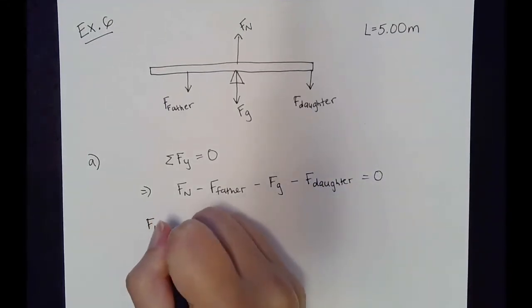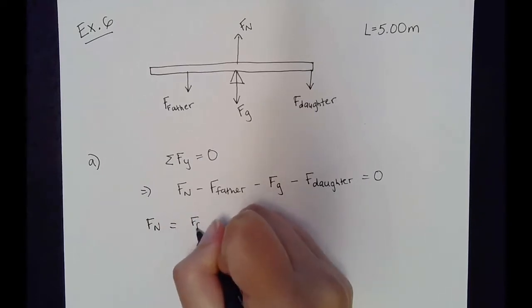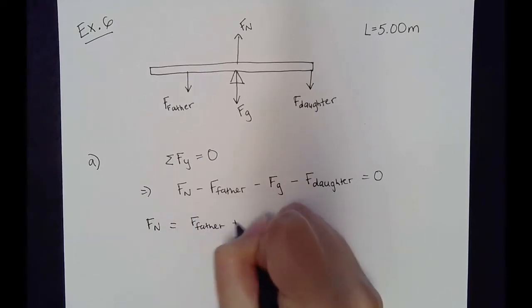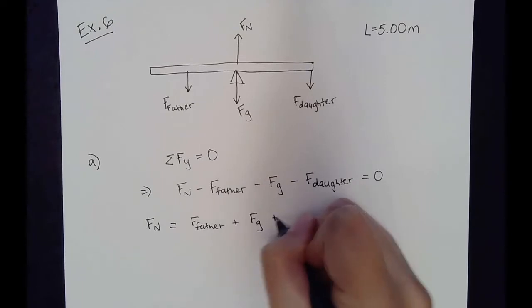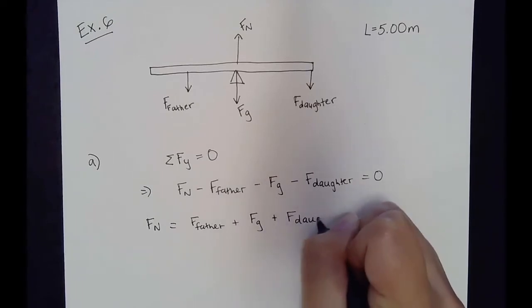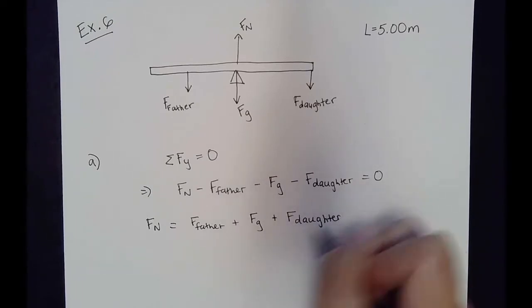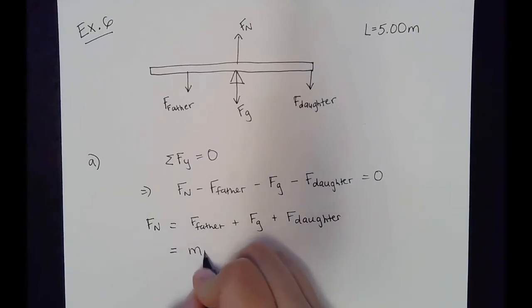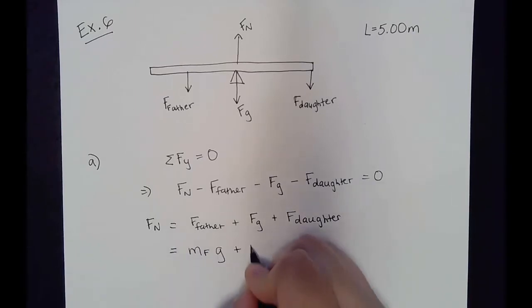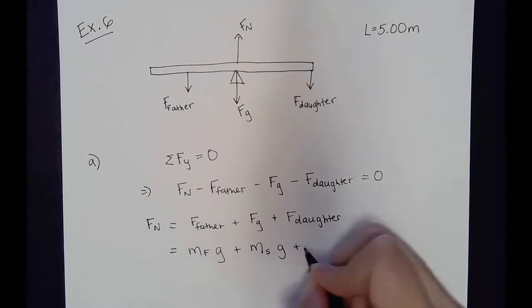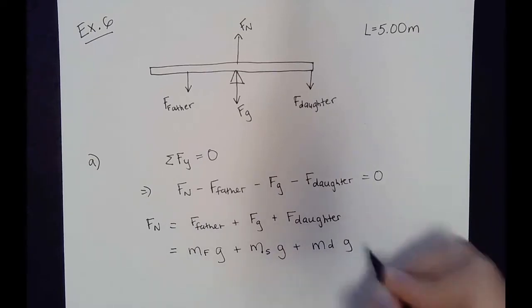So the normal force will equal the force of the father plus the weight plus the force of the daughter. So that's the mass of the father times g plus the mass of the seesaw times g plus the mass of the daughter times g.